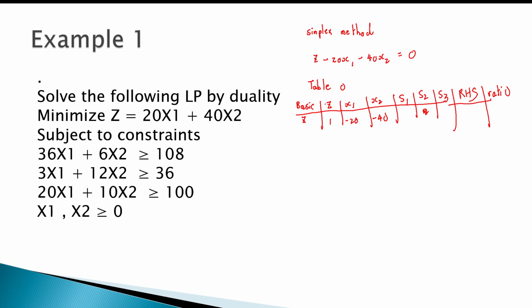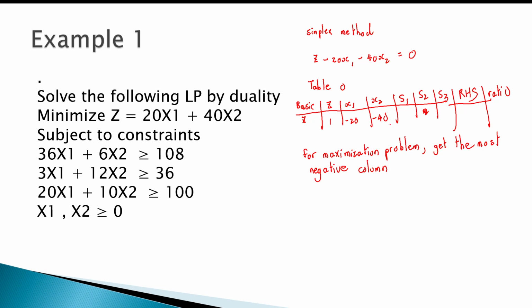Okay, please take note that for a maximization problem, the first step is to get the most negative column. In this case, it will be negative 40, meaning get the most negative column from your objective function row.